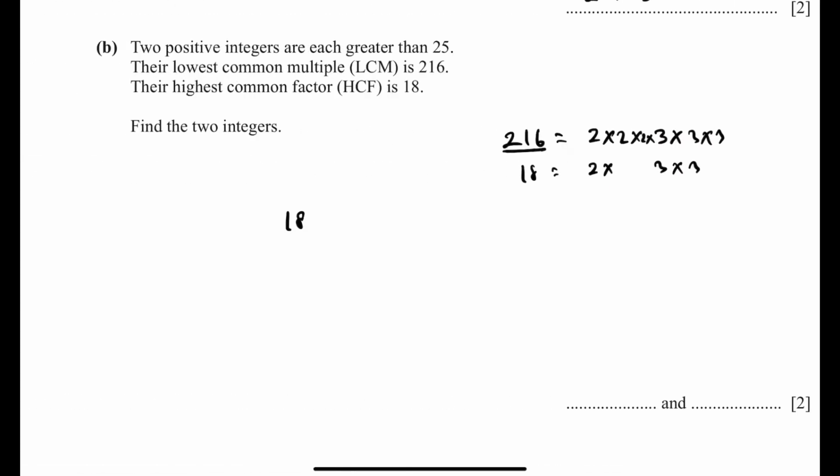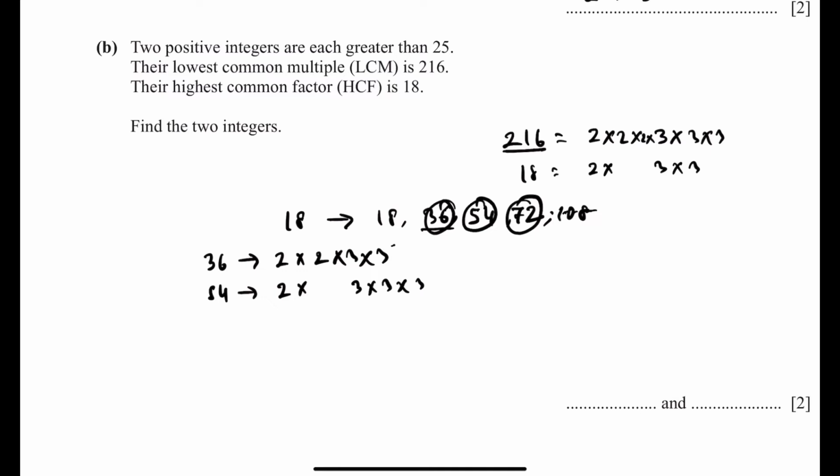So 18 times 18, times 54, 1872. This one can be 108. So the LCM of these two numbers cannot be 216. But if we try 54 and 72, let me write 54 as 2 times 3 times 3 times 3.